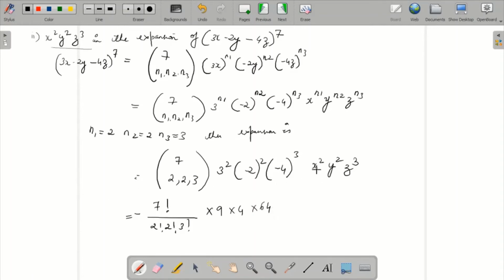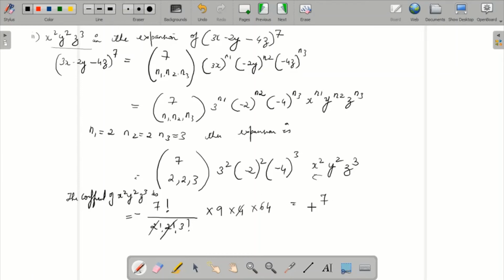I'm just writing the coefficient of this. The coefficient of x square, y square, and z cube is this term. Try to solve this. So you know this and this get cancelled. 3 into 2, so I'll just solve here.